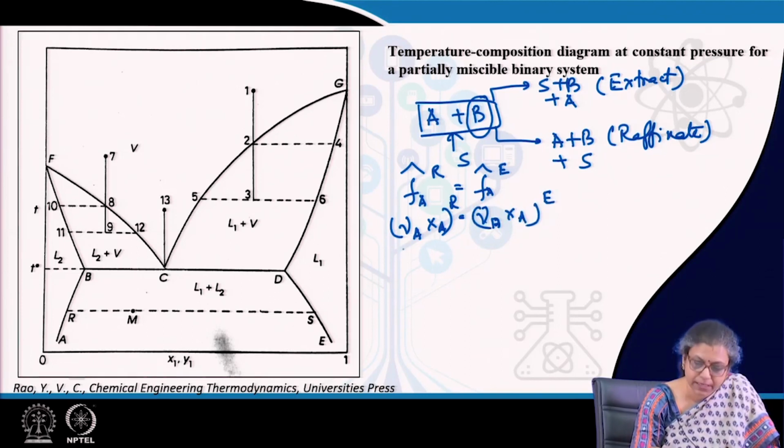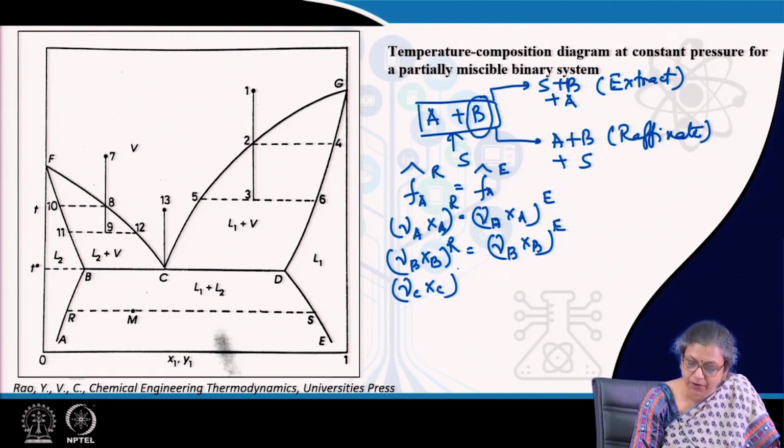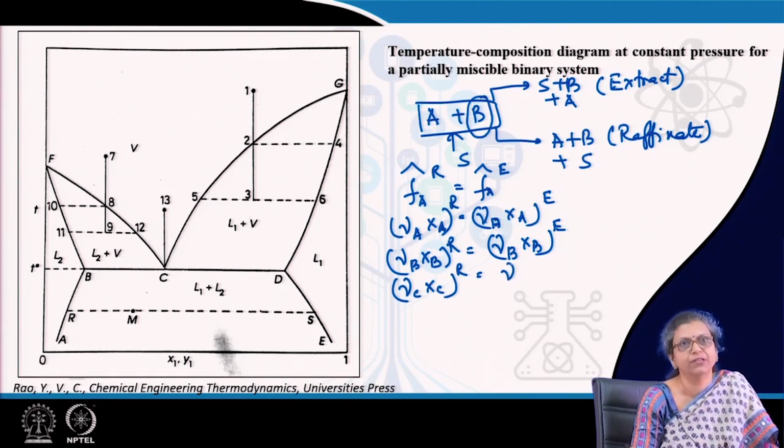Same way we can say that gamma B x B in the raffinate phase should be equal to gamma B x B in the extract phase. Likewise we can say for the others, and remember one thing: since we are dealing with two liquid solutions, there is every chance that both of them are going to be non-ideal.